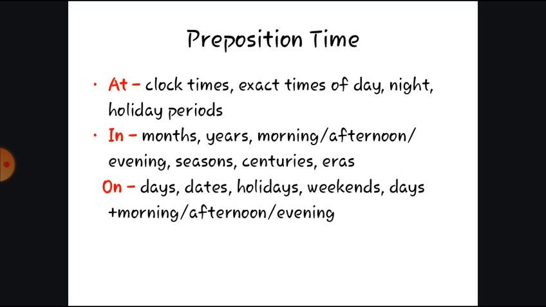Again, let's try to understand that on as a preposition is used in another way as well. The books are on the table. This is one example. Another example, the laptop is on the desk. That is another example.